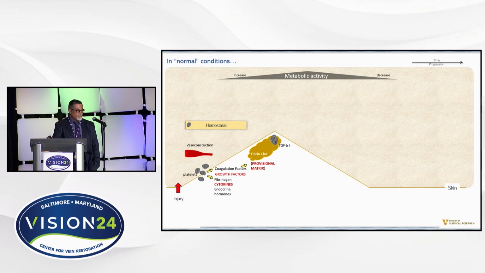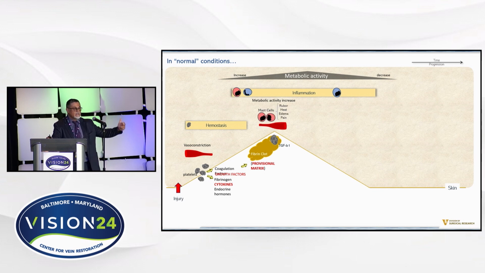This is called the provisional matrix, and this leads to the second phase, which is inflammation. This phase is led by three cells: the mast cells, neutrophils, and monocytes later on. Mast cells are responsible for the heat, edema, and pain, and this will lead to the inflammatory phase.